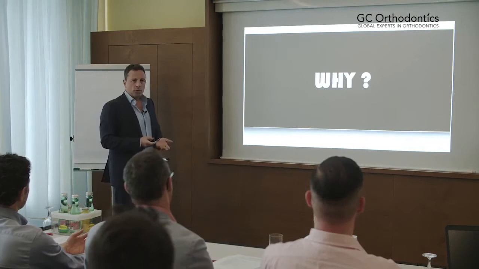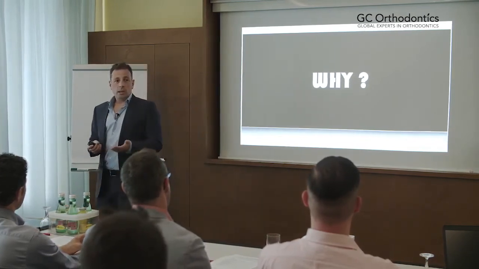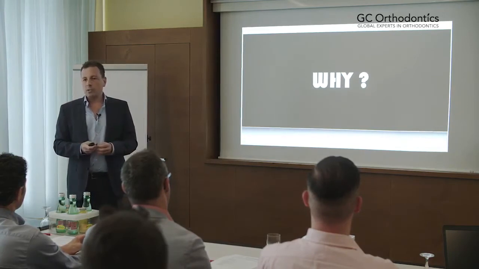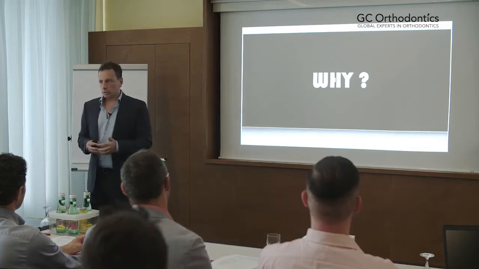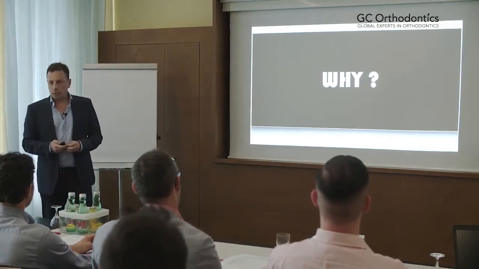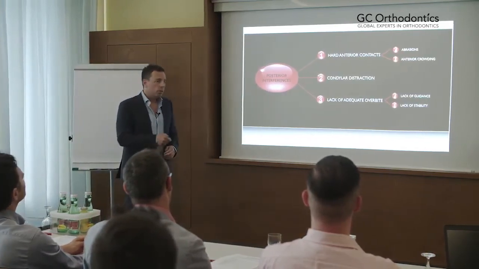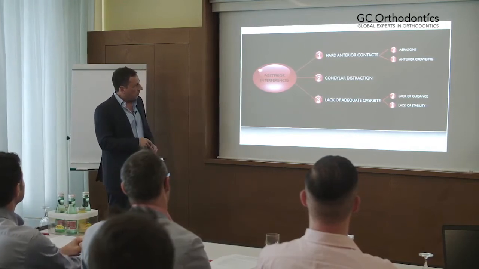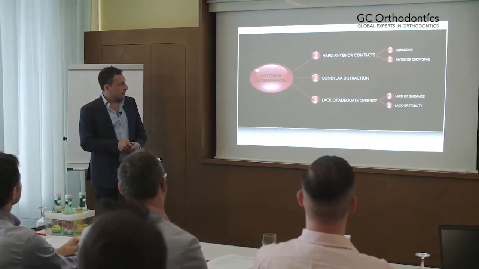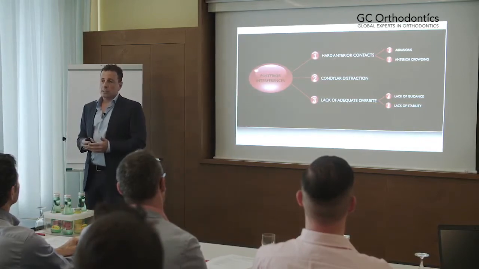The first question you could ask me is, why do we want to do it? Only because it looks nice on your final picture, a good intercuspidation? What are the reasons why we want to control the amount of bite opening during treatment? There are different reasons. We want to avoid posterior interferences because we want to avoid, for example, hard anterior contacts.